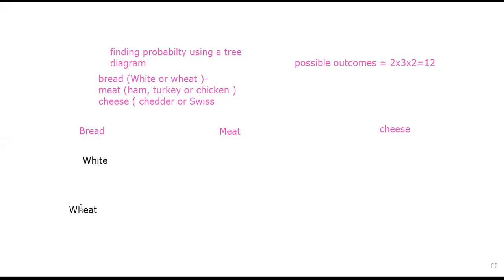We want to make the tree now for these choices. So we have to choose from the bread, from the meat, from the cheese. After that, we will put the main topics: bread, and then meat, and then cheese. Under bread, we have white or wheat. From the meat, how many choices do we have?